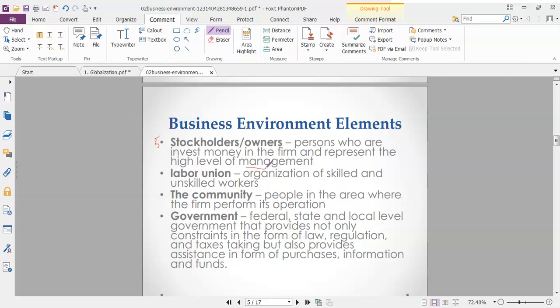The government is federal, states, and local level government, that provides not only constraint in the form of law, regulation, and taxes, but also provides assistance in the form of justice, information, and funds. If you need to open up a shop, you should have the license. The license that you need to fill in the form at Majlis Bandaran Seremban is compulsory before you open up the shop.